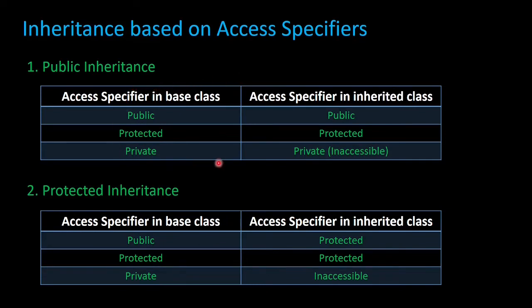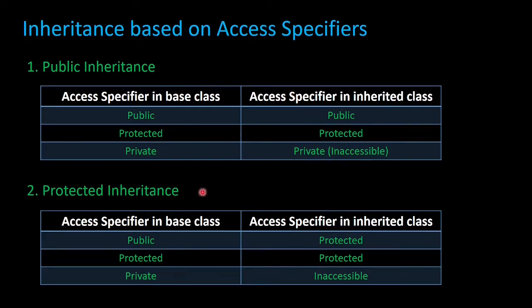We can see from the following table that when the access specifier is public, the inherited class also has it public. When it is protected, it also has protected. But when it is private in the base class, the inherited class cannot access it.